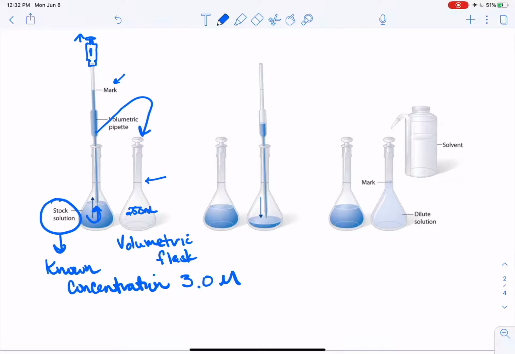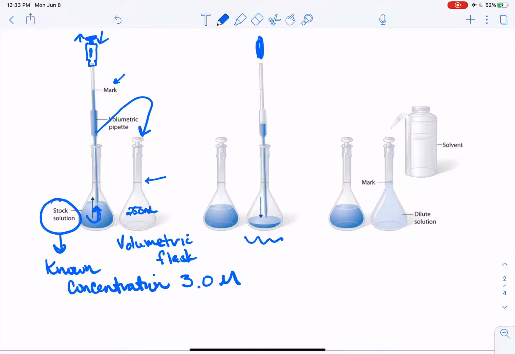So you can see that picture right here. So we're putting a certain amount in there, and how you do that is the pump will still be on the top up here, and what you do is you press down on that little dial right there on the top, the little knobby thing, or you roll the little roller thing in the other direction and it dispenses the stock solution.